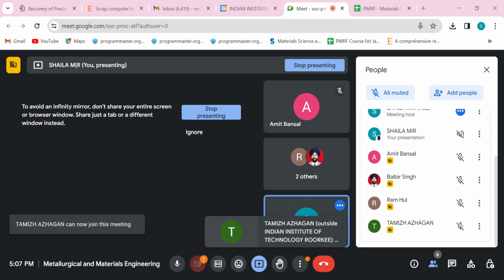Then we have another question that says the SN curve for mild steel never becomes a horizontal line. True or false? So you have an SN curve, this is your S axis, this is your N axis. After applying n number of cycles, the stress that the material can endure changes.